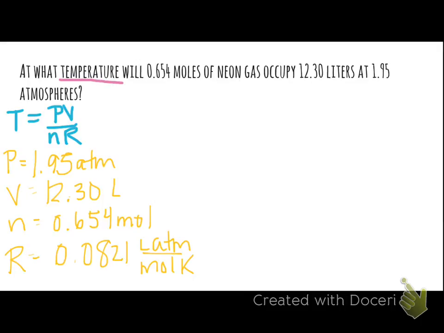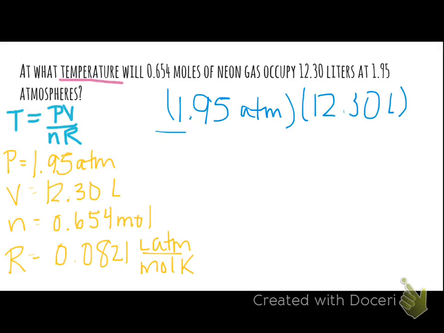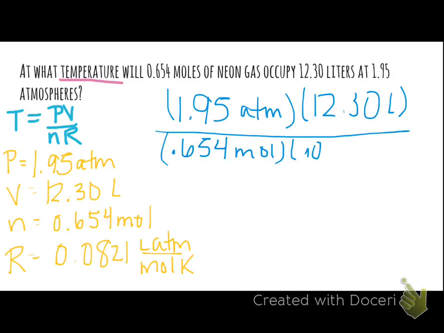So now what do we want to do? We want to plug it into our equation. So my pressure times my volume divided by our N times our R. Okay, let's cross out those units to get started.